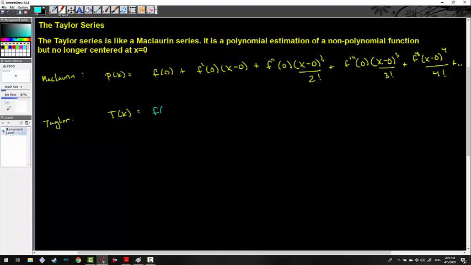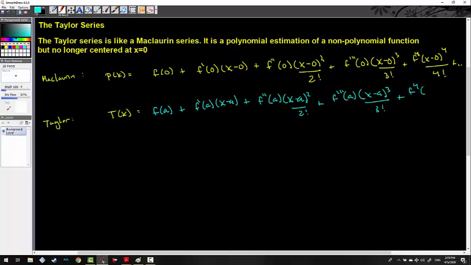I'm going to call him f of a instead, and this time I'm going to center him around x equals a. So what happens is I end up getting plus f prime of a and then x minus a plus f double prime of a, x minus a squared over 2 factorial, and it's the same thing. It's just like a Maclaurin series, except it's no longer centered at x equals 0.